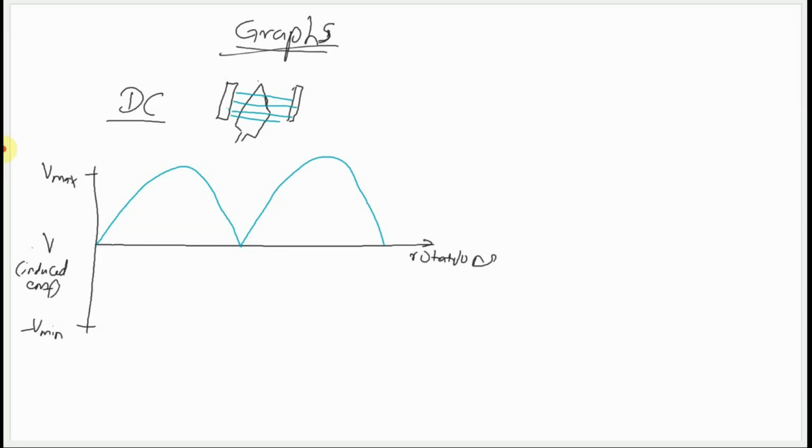So what you can see is that in the vertical position, you don't have an induced EMF when the wire is in this position. But when the wire is in a horizontal position, I'm going to label this as A, so the wire is in this position.